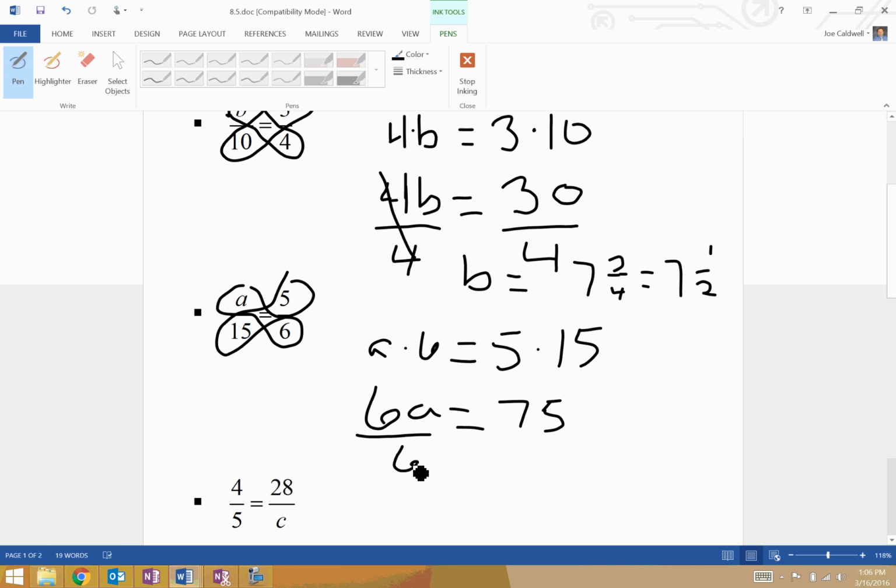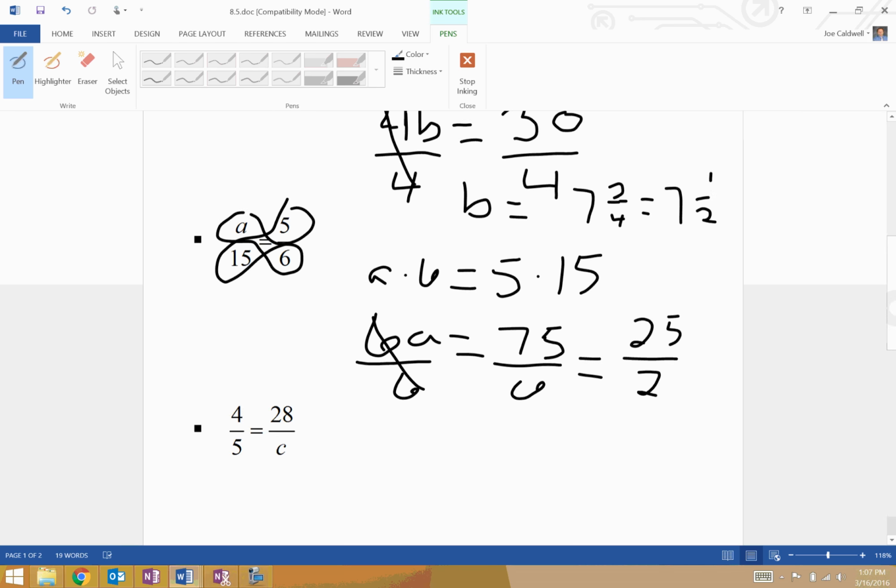Divide both sides by 6, and we could reduce it. You could make it into a mixed number like I did above, or you could just take a 3 out of both of them. 3 goes into 75 25 times, and 3 goes into 6 twice, and you could just leave it like that. So that would be our answer for what a equals.